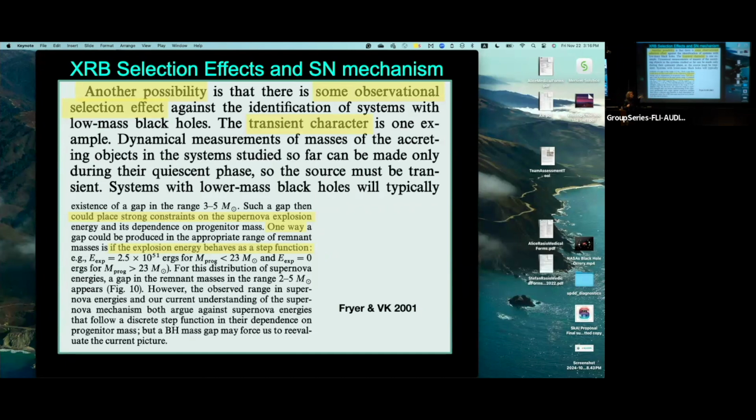If you have some dependence, actually, the more massive your star is, the weaker is your supernova explosion, but at some point it plummets. And if it's a step function, it's gonna create a gap.